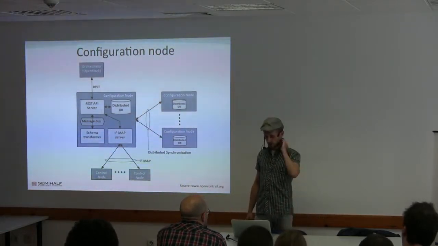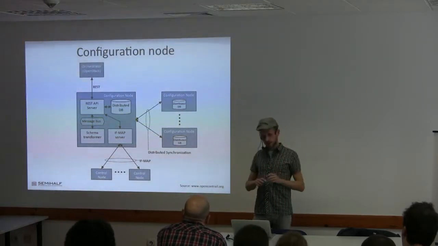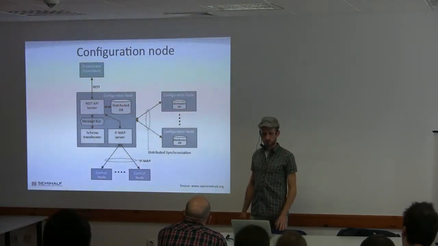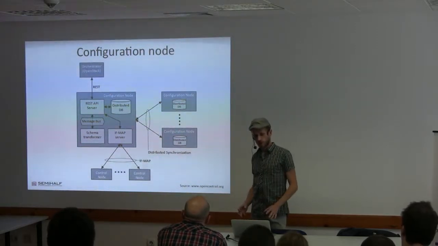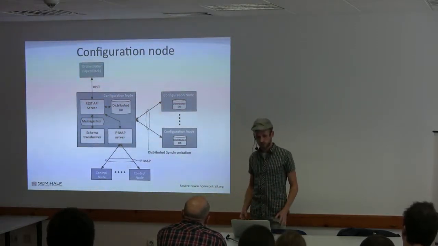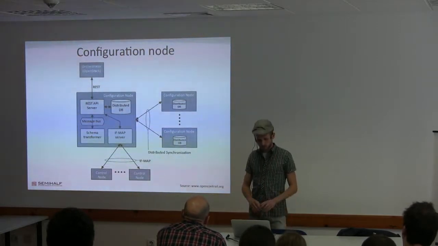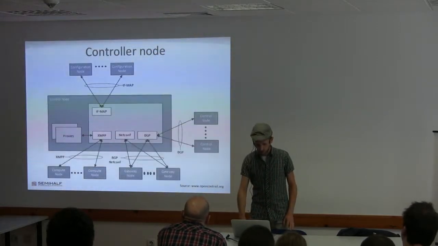And OpenContrail uses IF-MAP to broadcast this information to the control nodes. So if something is changing, the user changes configuration, the IF-MAP server will broadcast it to the control nodes.